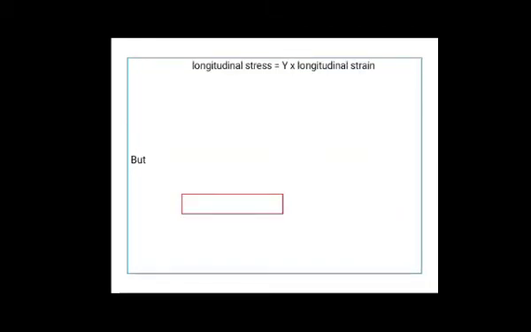Longitudinal stress, if you shift the term, is Young's modulus into longitudinal strain, that is Y into longitudinal strain. Here this longitudinal stress is nothing but thermal stress. So this expression takes the form: instead of longitudinal stress, you can write thermal stress. So thermal stress is equal to Y into longitudinal strain.